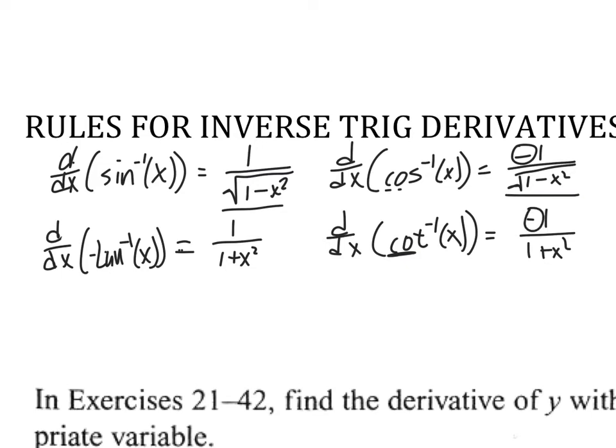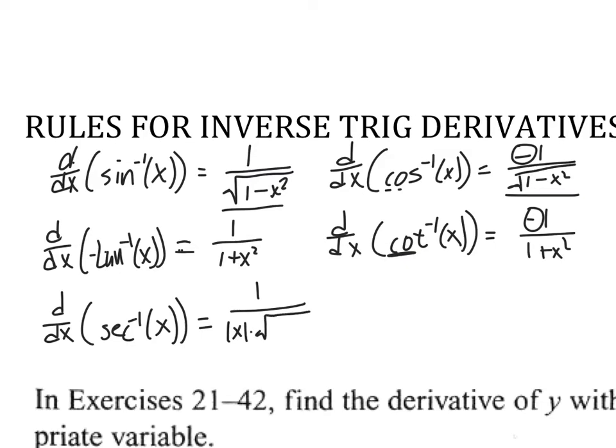Now, the one that I didn't derive is secant inverse, and that one's pretty difficult to explain. So I'm just going to give you the rule, and we're just going to use the rule. That's d dx of secant inverse of x, and that's going to be 1 over the absolute value of x times the square root of x squared minus 1.